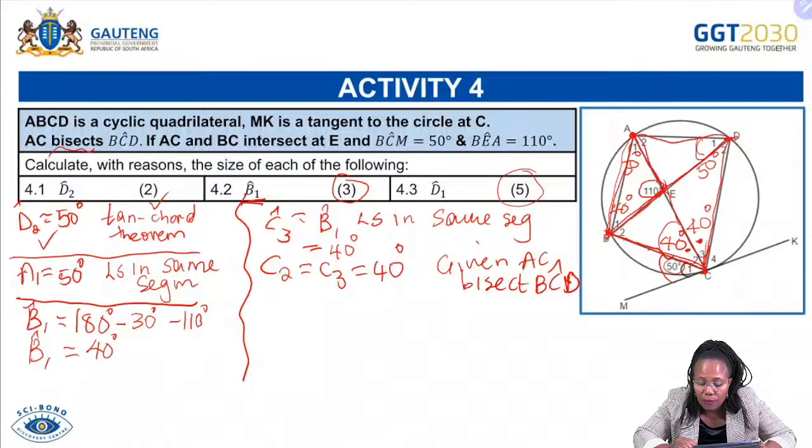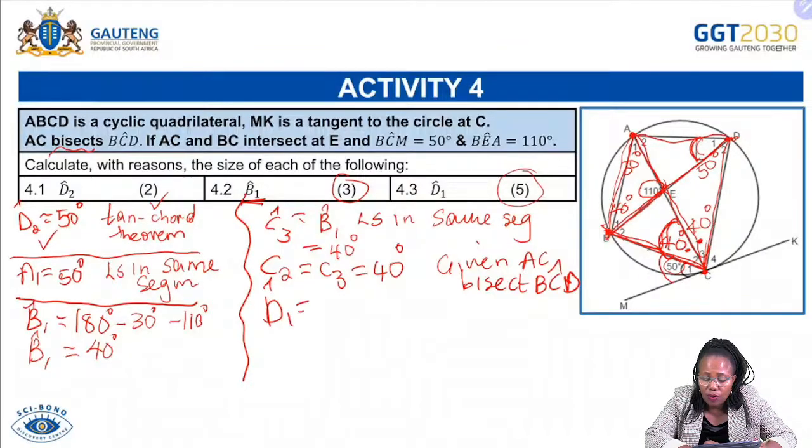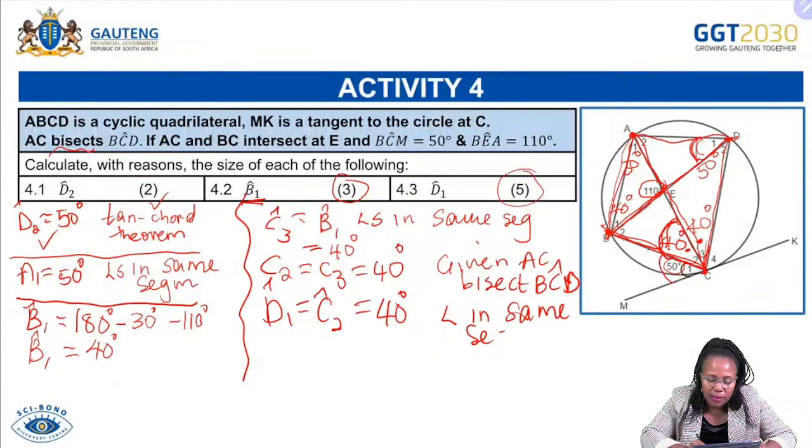Your bow tie is going this way. So D1 goes with C2 there. So D1 is equal to angle C2, equals 40 degrees, angles in the same segment. So now this is also 40 degrees.